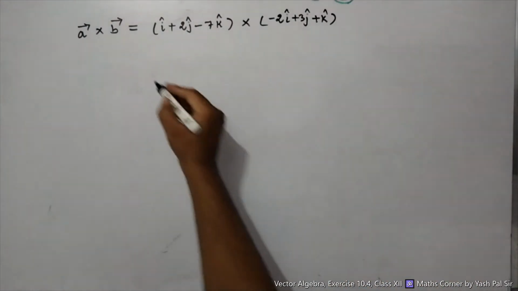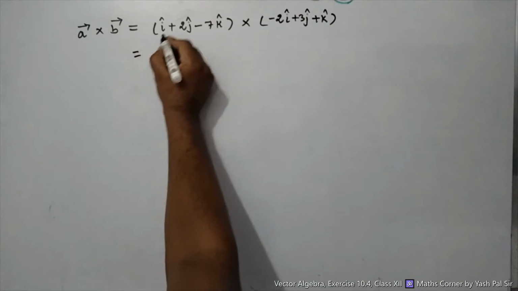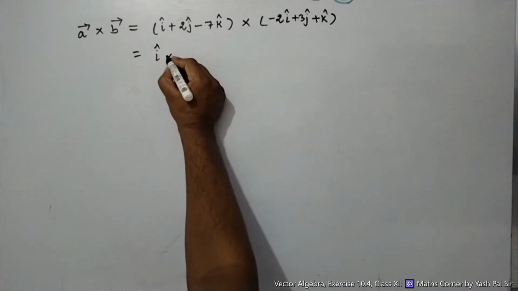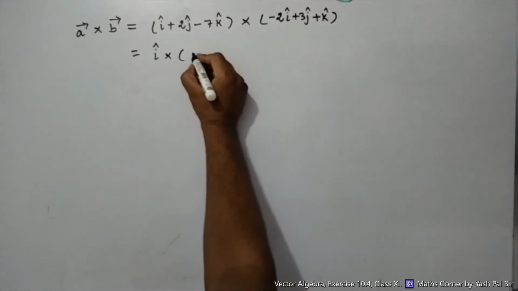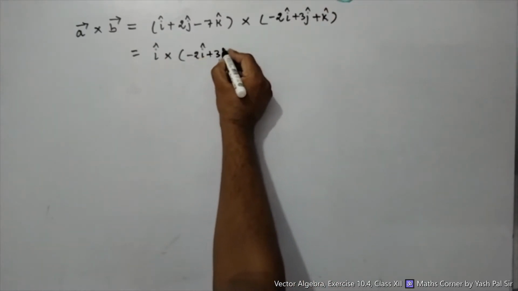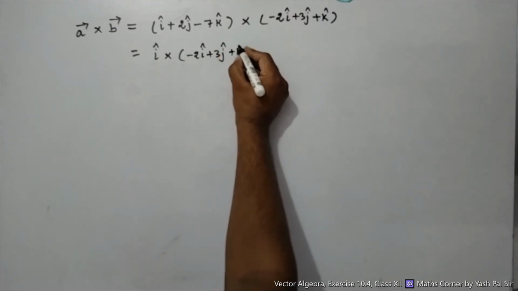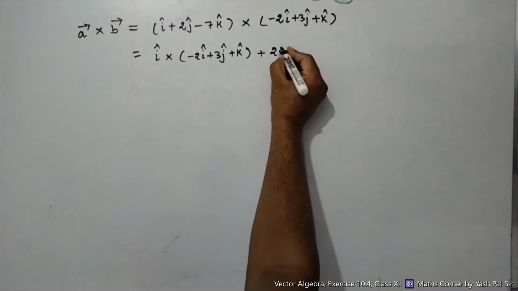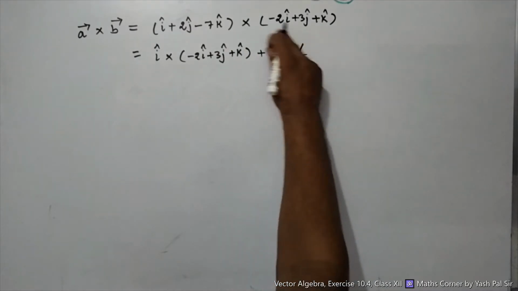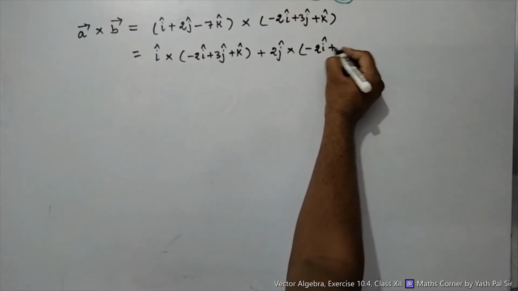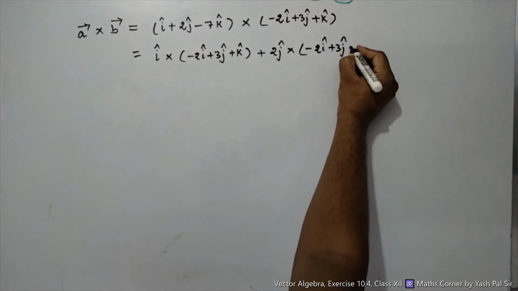So, how do we find the cross product? First, taking the first component, which is I cross the second bracket, minus 2i plus 3j plus k. Next, plus 2j cross the second bracket, minus 2i plus 3j plus k.